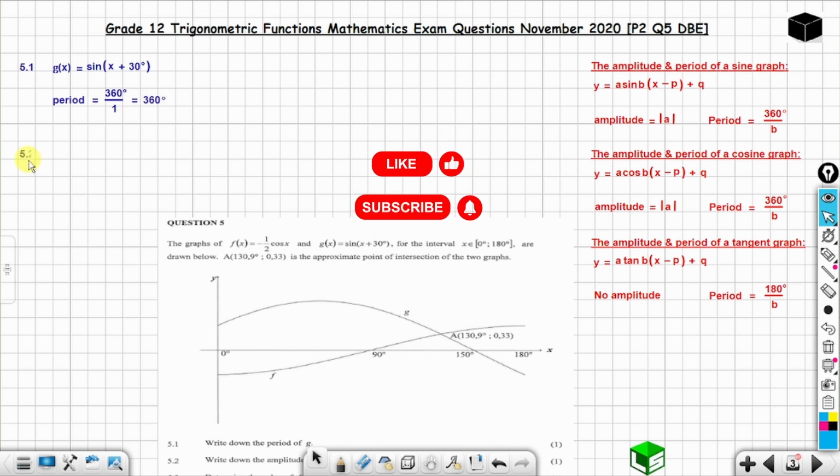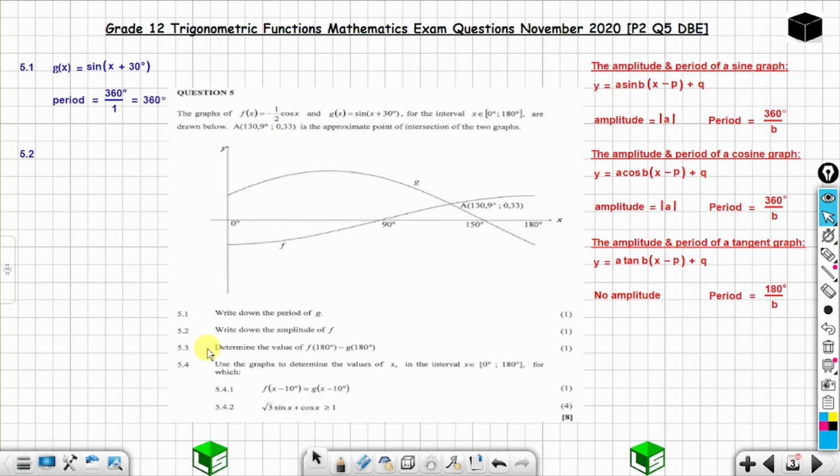Now 5.2: write down the amplitude of f. You are given the equation of f, which is a cos graph, the equation of this graph.